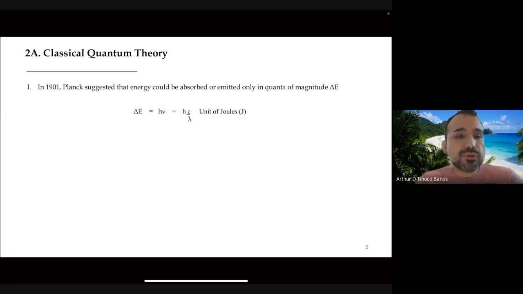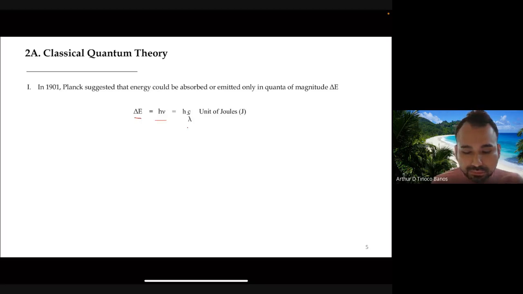All right, so let's review what exactly is classical quantum theory. So in 1901, Planck suggested that energy could be absorbed or emitted only in quanta of magnitude delta E, right? So these are going to be specific values of energy. All right, so if you recall from your previous courses, energy equals Planck's constant times frequency.